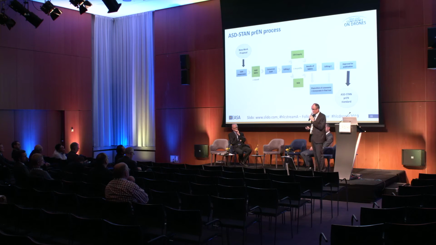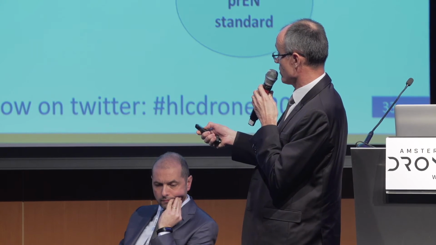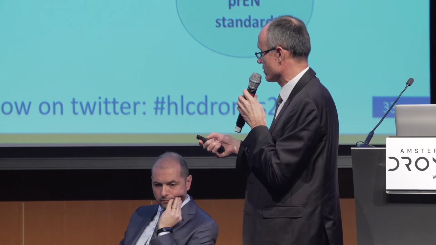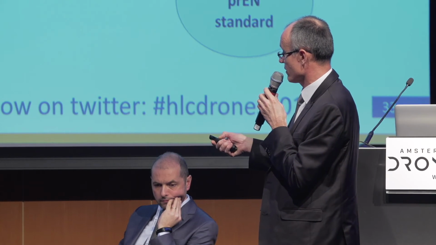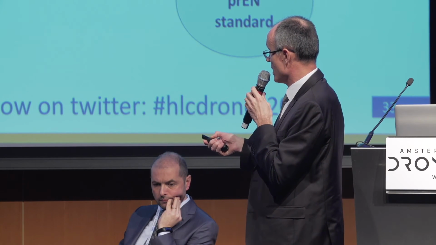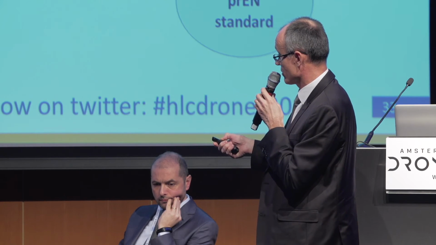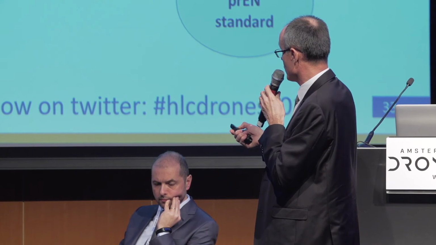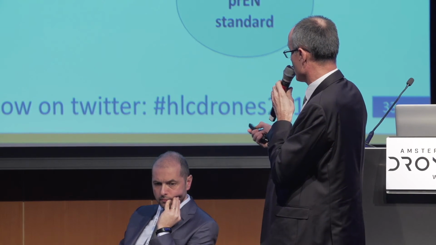So how does it work when we produce this standard? First step, we run the prEN process. We enter with a new work proposal, which is quite usual for all standardization processes. So we start from a project. We have more or less 1 month of ballot to adopt this project, and after that we start the development.